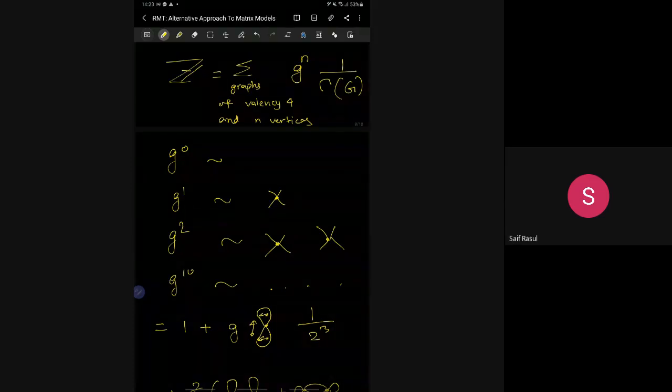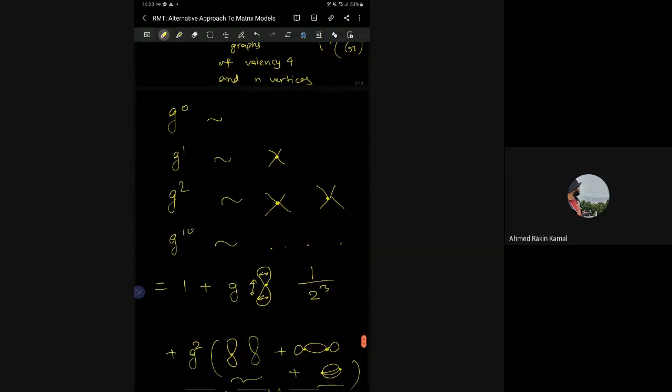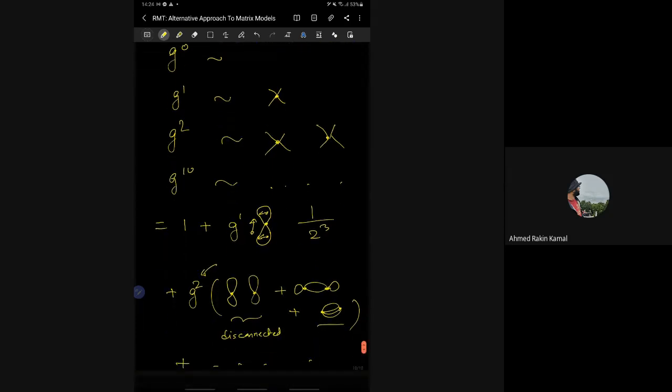We're not really bothered about how it gets the number. No, the power of G tells me how many vertices there are. For example, G squared, there are 2 vertices. G1, 1 vertex. G cubed, 3 vertices.